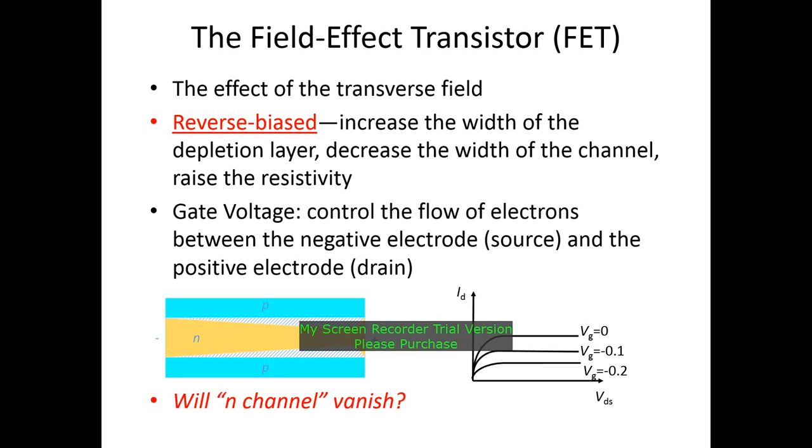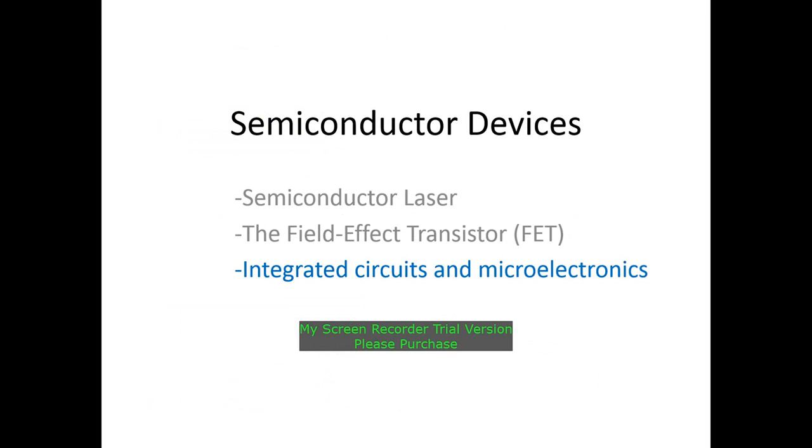When the current is 0, the voltage, which is equal to I times R, is also 0. If the voltage is 0, no channel narrowing would occur. So these are two contradictory facts. That's why the N channel, the conduction channel, will not vanish. Okay, that's all for the field effect transistor.